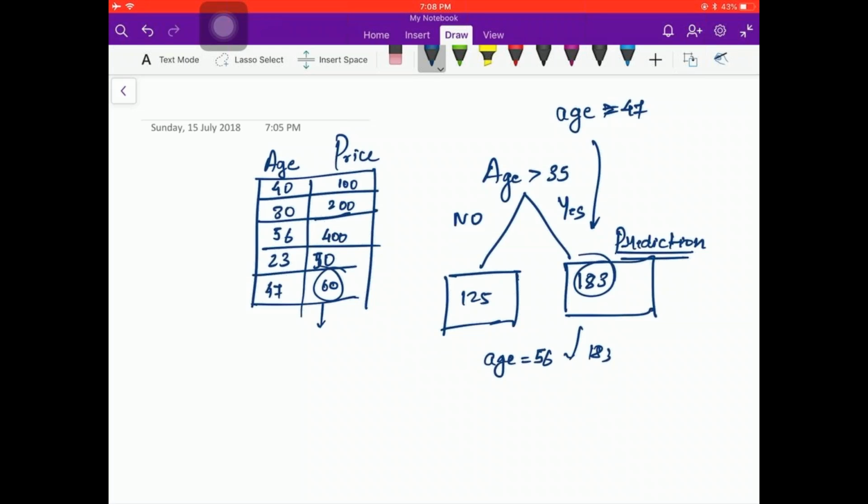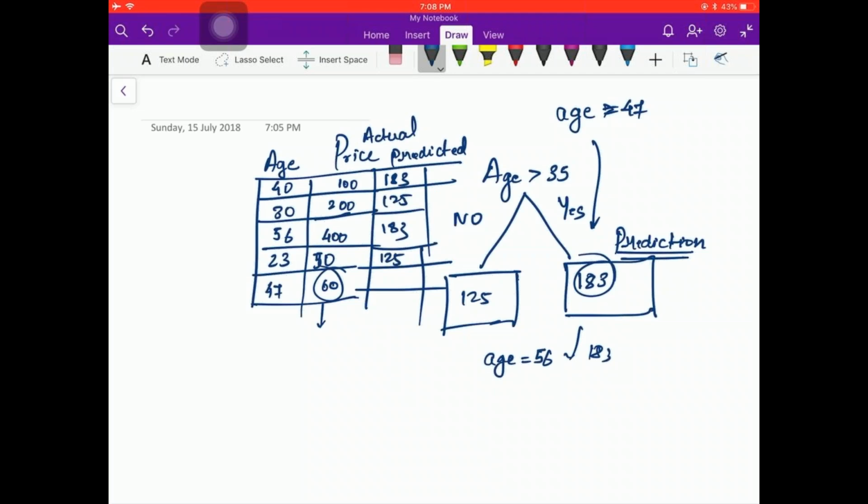So here is the actual, and this is your predicted. Age is 40, 183. Age is 30, 125. Age is 56, 183. Age is 23, 125.